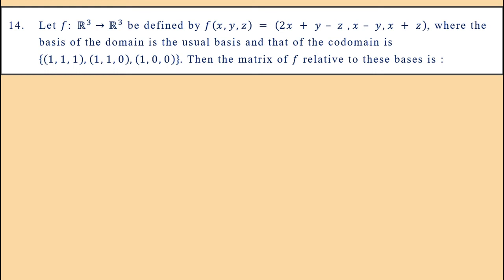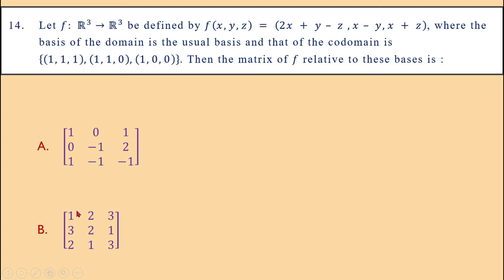The next question: let f from R3 to R3 be defined by f of (x, y, z) is equal to (2x plus y minus z, x minus y, x plus z), where the basis of the domain is the usual basis, that means the standard basis, and that of the codomain is (1, 1, 1), (1, 1, 0), (1, 0, 0). Then the matrix of f relative to these bases is: first option is a 3 by 3 matrix, column wise 1, 0, 1, 0, minus 1, minus 1, 1, 2, minus 1.